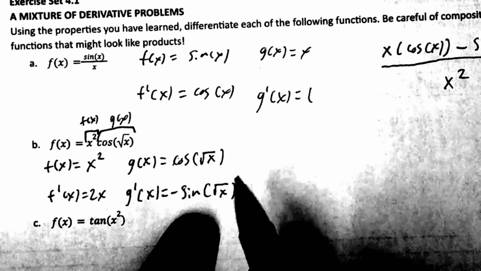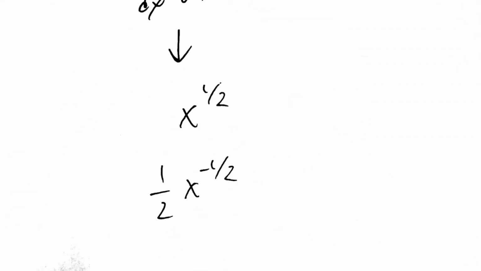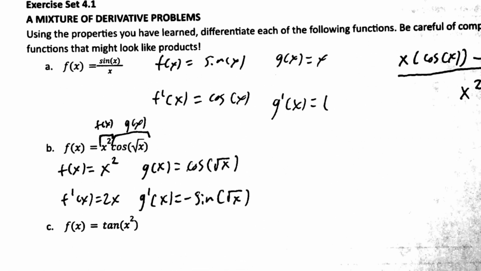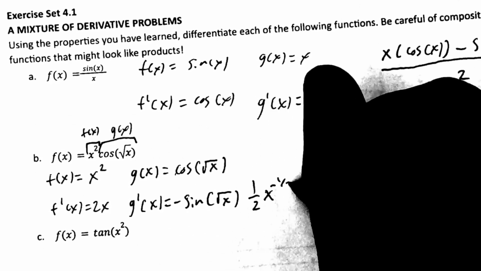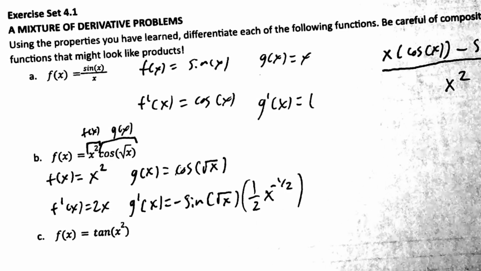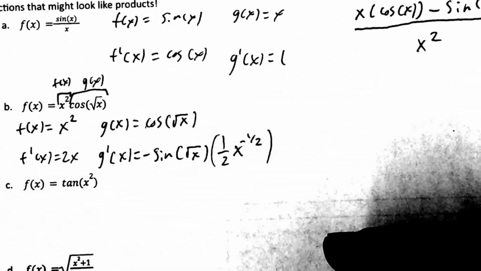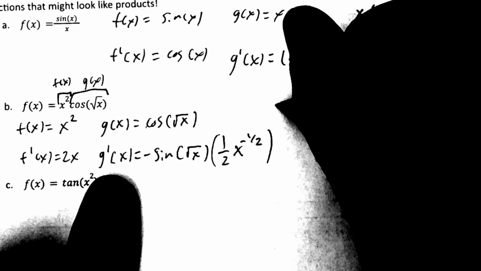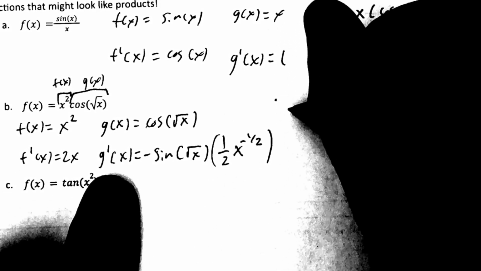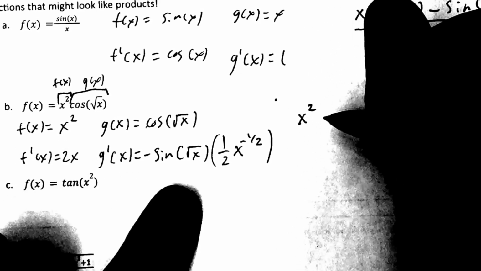So I took the derivative of the outside. Now I'm going to take that derivative of the inside, which from my other paper was 1/2 x to negative 1/2. So that goes right here, 1/2 x to negative 1/2. Okay. And now I'm going to plug that into product rule. So it's left d right, which is going to be left, x squared, times all of this.